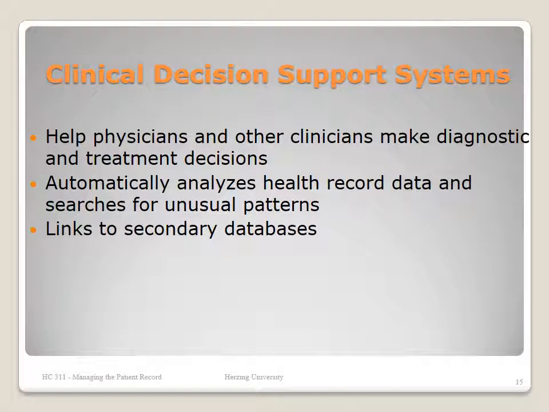Clinical decision support systems are a component of electronic medical record systems. They help health providers make decisions on treatment. Similar technology works the same way in a pharmacy. Patient allergies are entered into the pharmacy system when the patient is set up in the system.